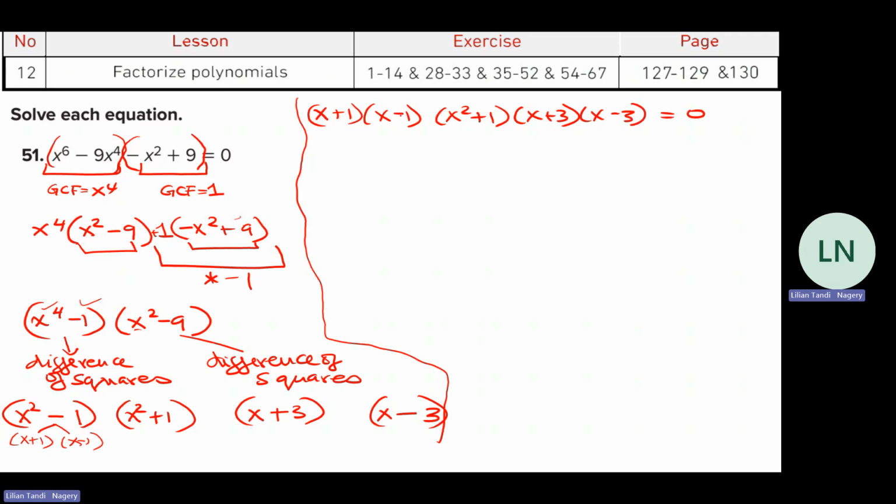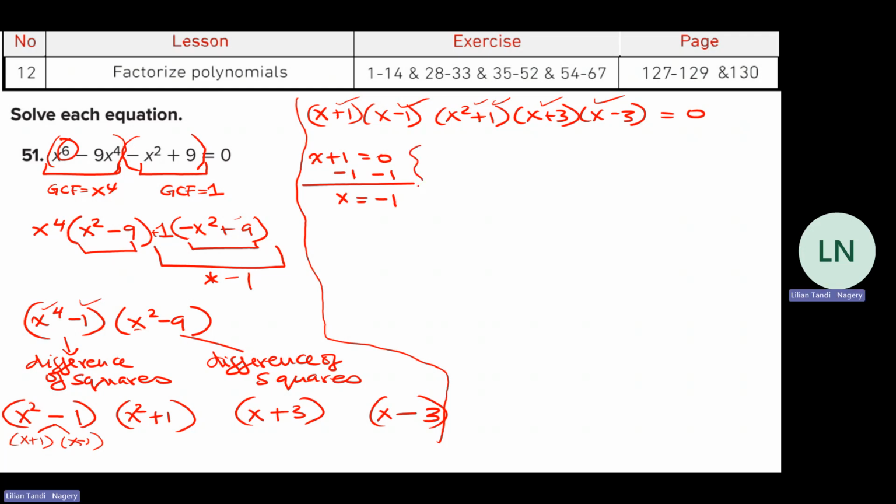So solve all of them. I need how many roots? 6. I will get 1, 2, 3, 4, because this is squared, 5, 6. Okay? So my first root: x plus 1 equals 0, subtract 1, x equals negative 1.